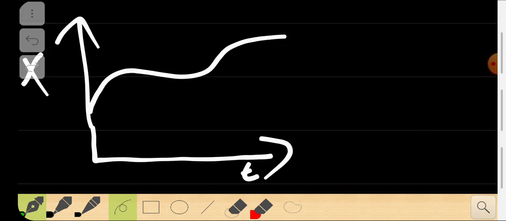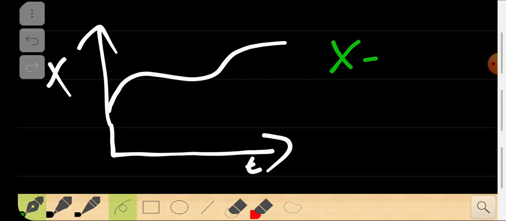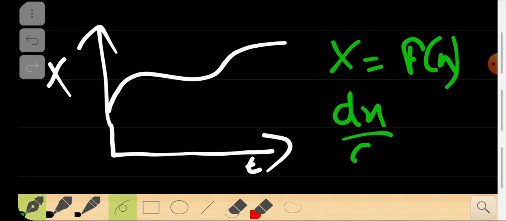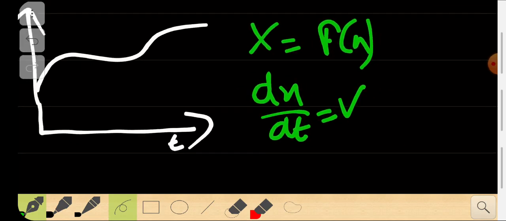You can find the function governing the motion of that particle, the displacement it has over time, and that equation, which you can call x equals some f of x, can be differentiated with respect to t, and you get the velocity, which is the average velocity.